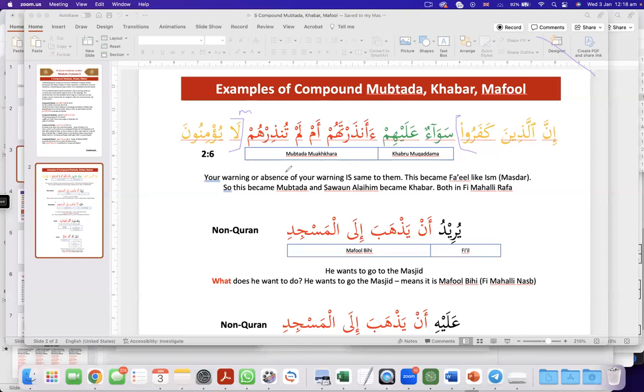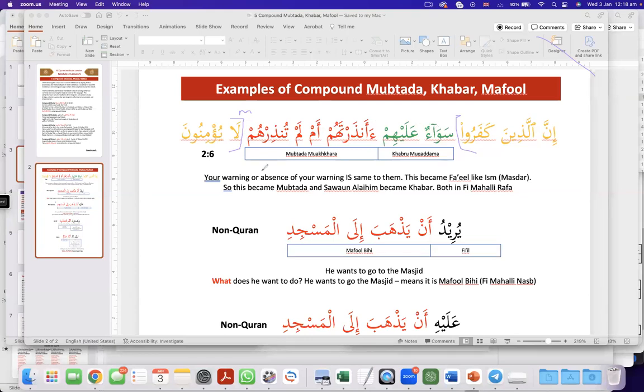Now, the message Allah wanted to give here is this. Whether you warn them or do not warn them, it's the same to them. It means it doesn't make any difference.